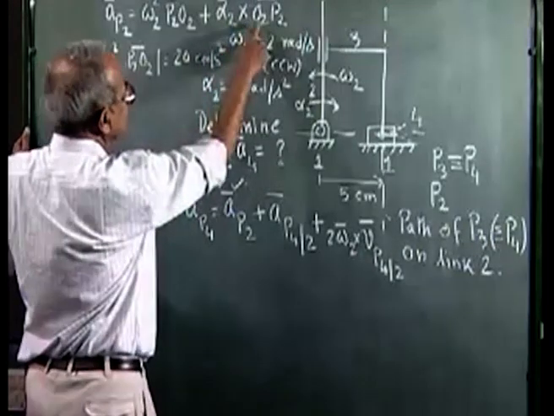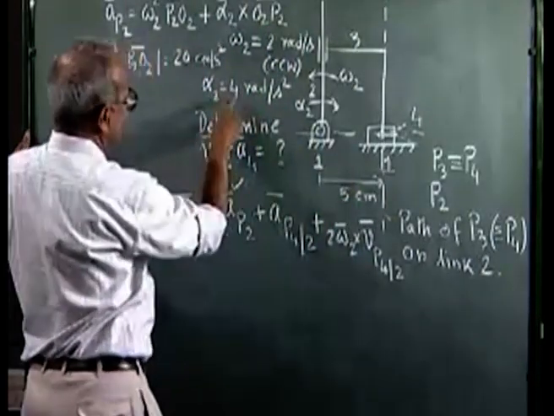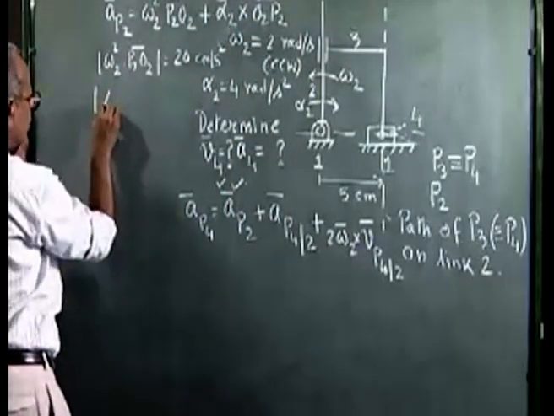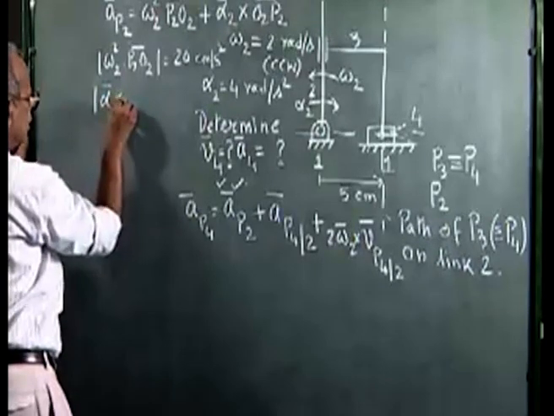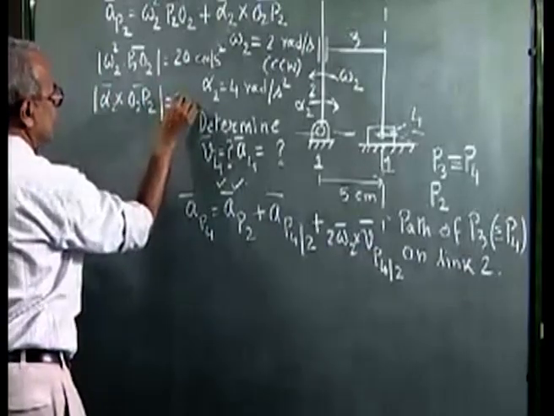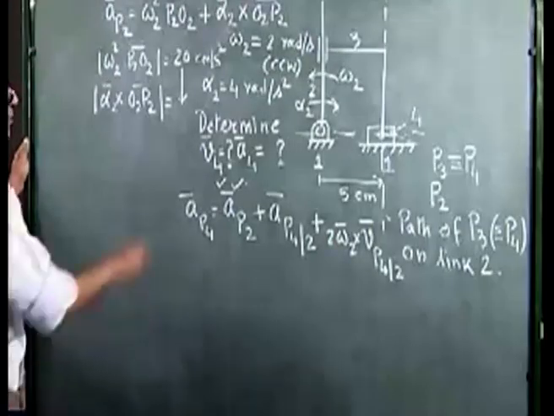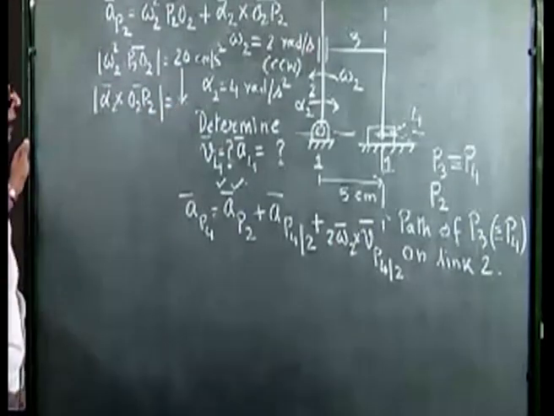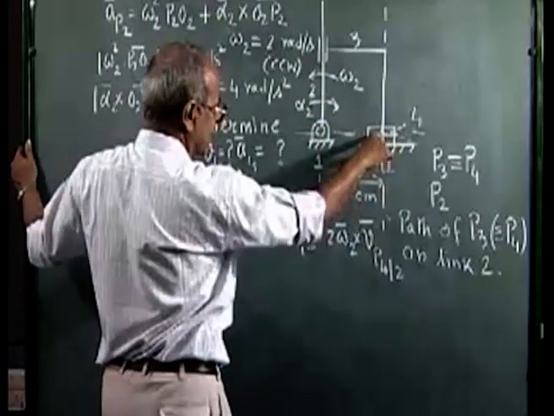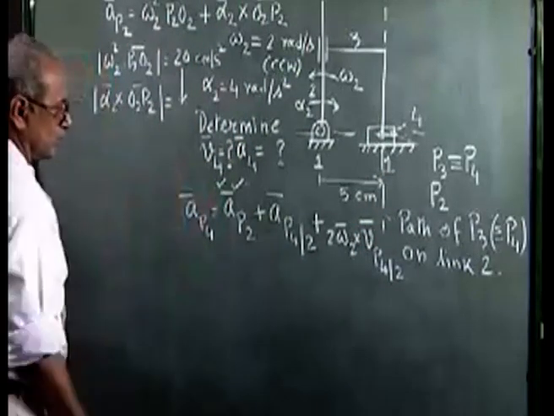Alpha 2 cross O2P2: O2P2 is 5 centimeter and alpha 2 is 4 radians per second squared. So the magnitude is also 4 into 5, again 20 centimeter per second squared. Same magnitude. And what is the direction? Alpha 2 is clockwise, so the transverse acceleration is vertically in the downward direction. So this vector is completely known.